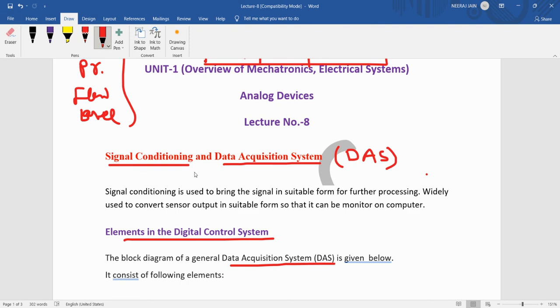We use different types of physical variables which are converted into electronic form to control any machine, because it is a combination of mechanical and electrical systems. So in mechatronics, DAS and signal conditioning are widely used.